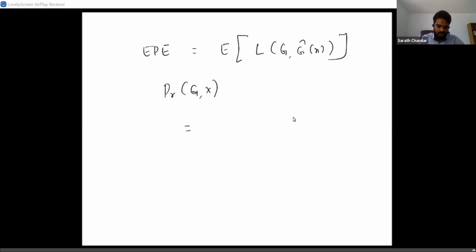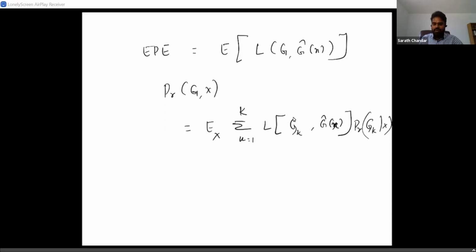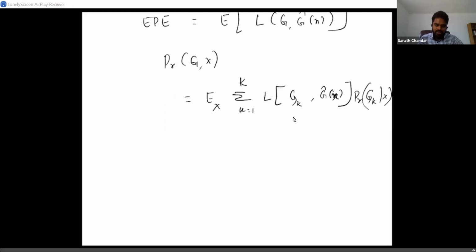So this is going to be the expectation over X, which is continuous. Let's just keep it as E of X. Then the summation over k equals 1 to K of the loss, times the probability of G_k given X. Okay, so what does this say?